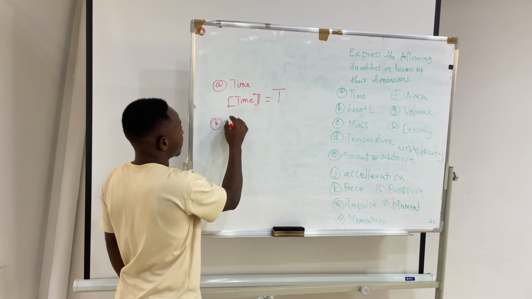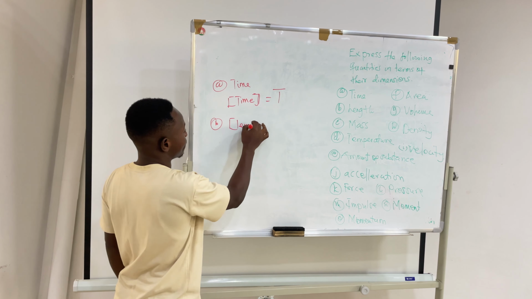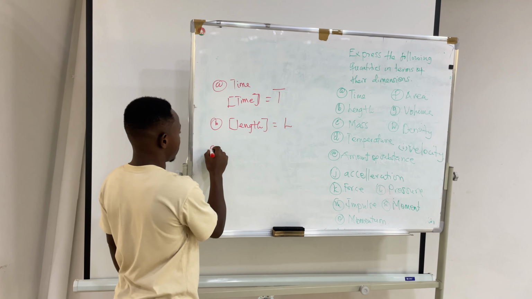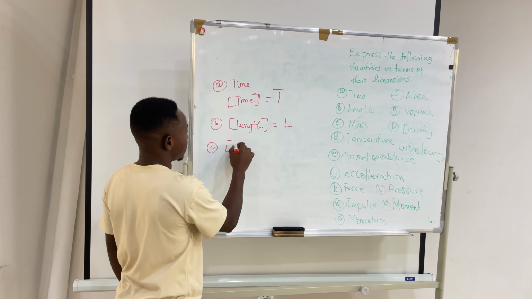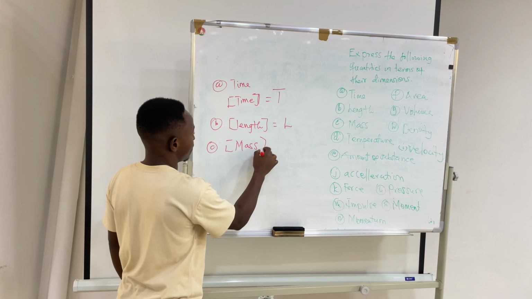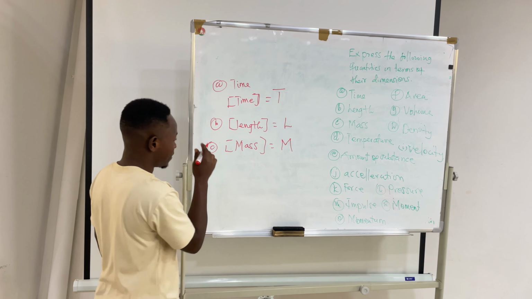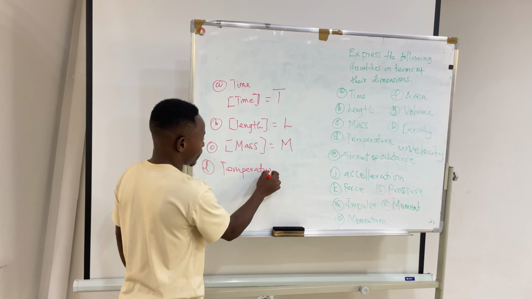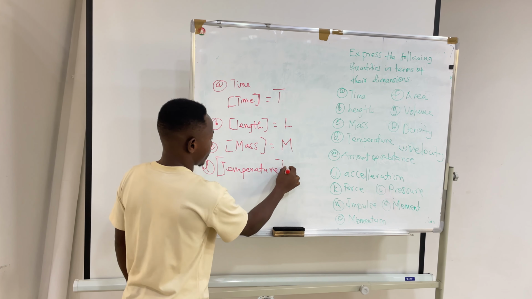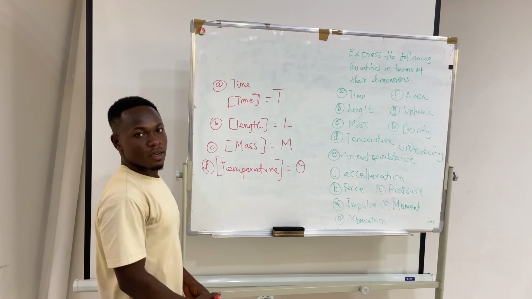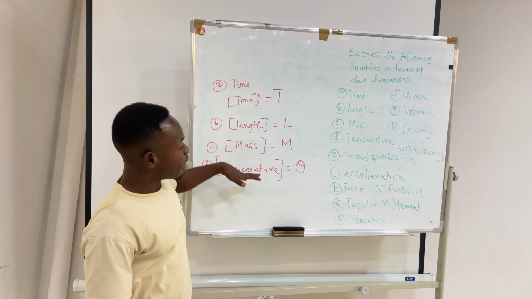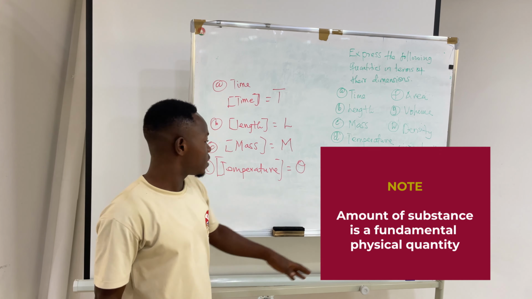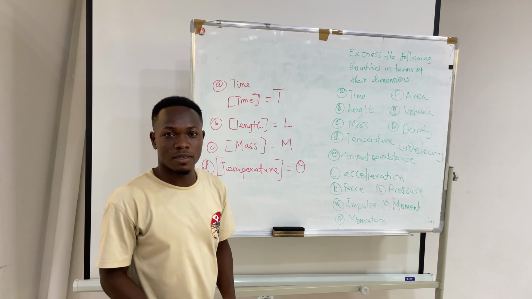The dimension of length is uppercase letter L. The dimension of mass is M. The dimension of temperature is theta. If these are the fundamental dimensions, then the dimensions of the rest of the physical quantities are going to be a combination of these letters.